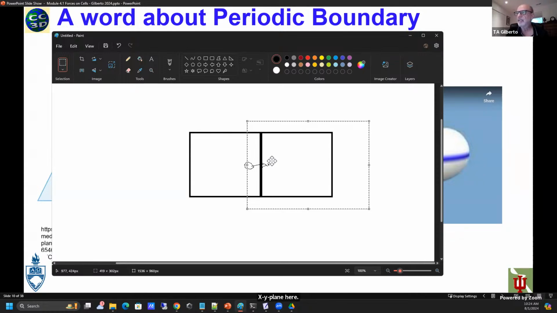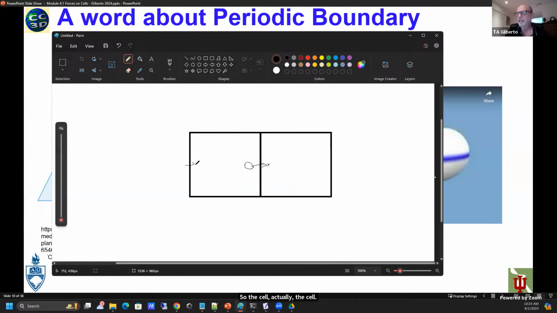So the right border of your plane is connected with the left one, and the cell will appear at this position here. It's like a continuous plane.